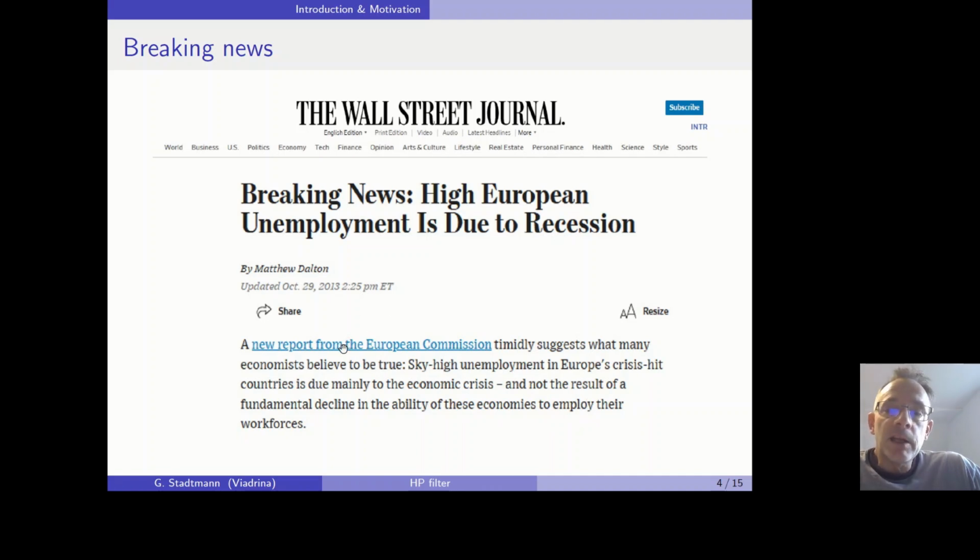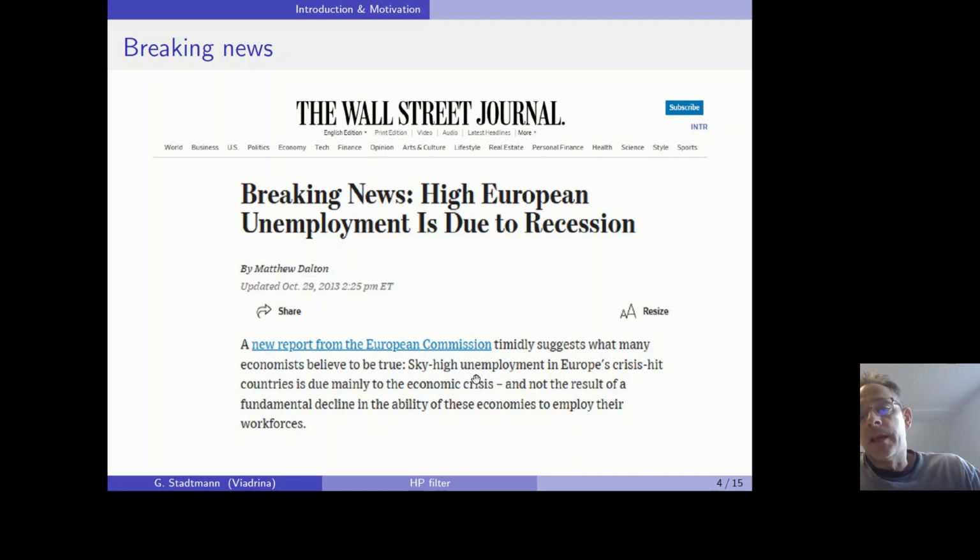So in this article, they talk about how the high unemployment rate in Europe is not caused by a high natural rate of unemployment, but that there is a big difference between the unemployment rate realized and the natural rate, so that the unemployment gap is huge.